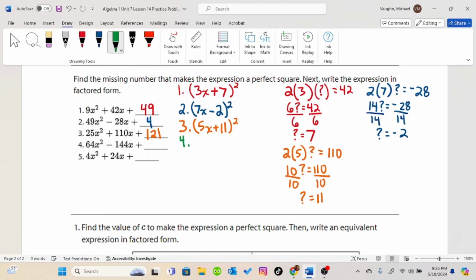Number 4. I know that the square root of 64x squared would be 8x. I know that I would multiply 2 times 8 times something to get my b term, which is negative 144. 2 times 8 is 16.